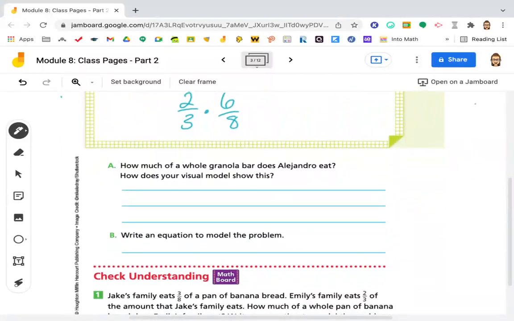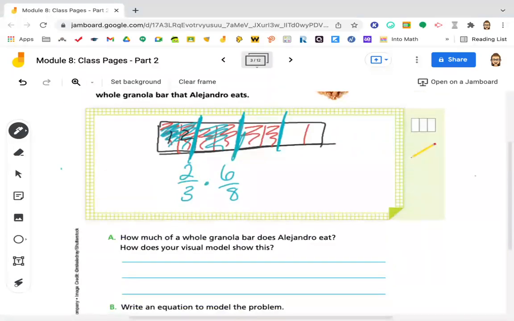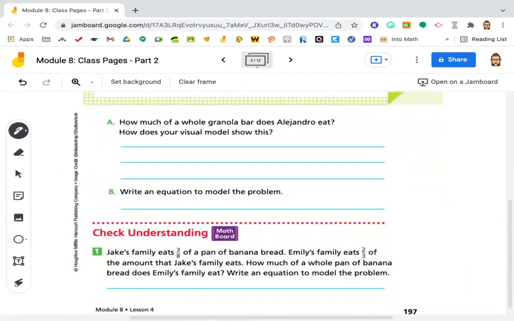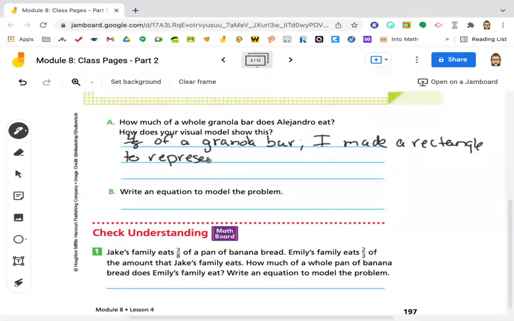So it says, how much of the whole granola bar does Alejandro eat? How does your visual model show this? Well, if we count 1, 2, 3, 4, so 4/8 of a granola bar. So I made a rectangle to represent one granola bar.